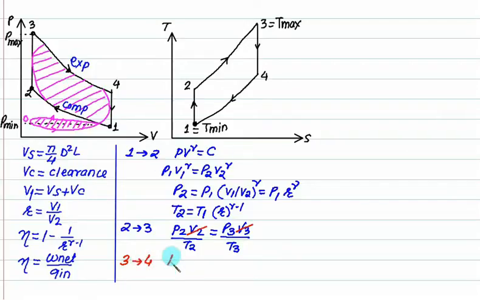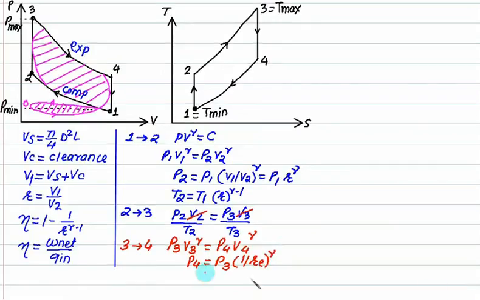That is, P3 V3 to the power gamma equals P4 V4 to the power gamma. From this we can calculate P4 as P3 times V3 by V4, which is 1 by RE, and RE is the same as R. Similarly, we can calculate T4 equals T3 into 1 by RE to the power gamma minus 1.